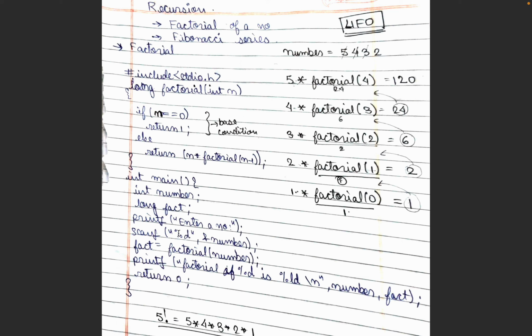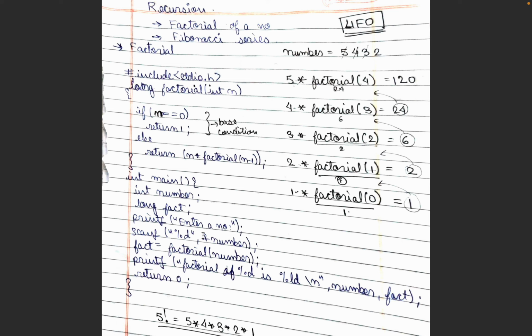It conveys to the compiler that percentage d is a special specifier, not a d character that needs to be printed. So whatever is stored in the number variable will be printed in place of percentage d. I think you should know this, this is a very basic programming concept that I'm telling now.